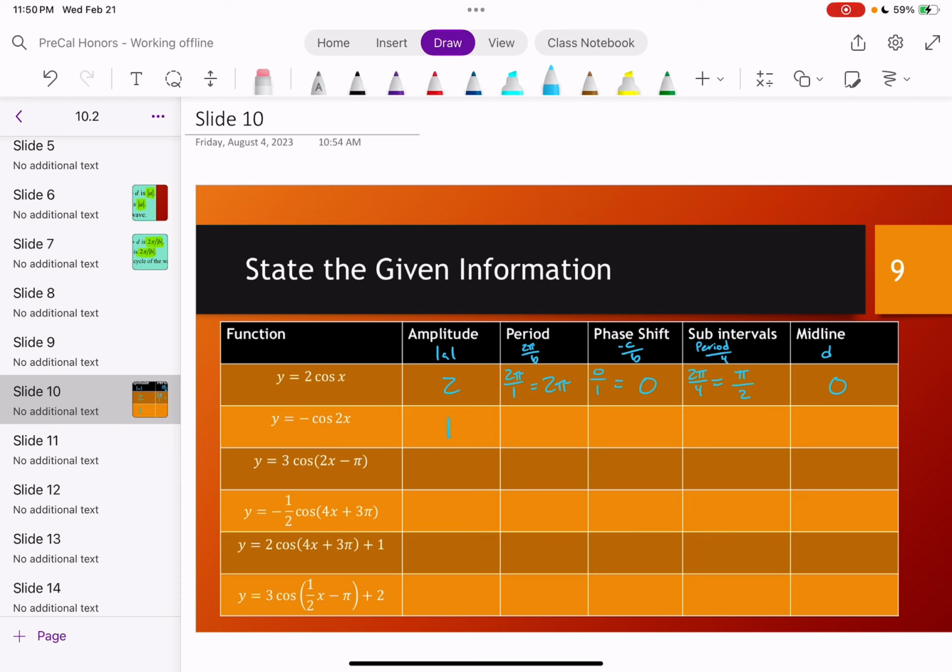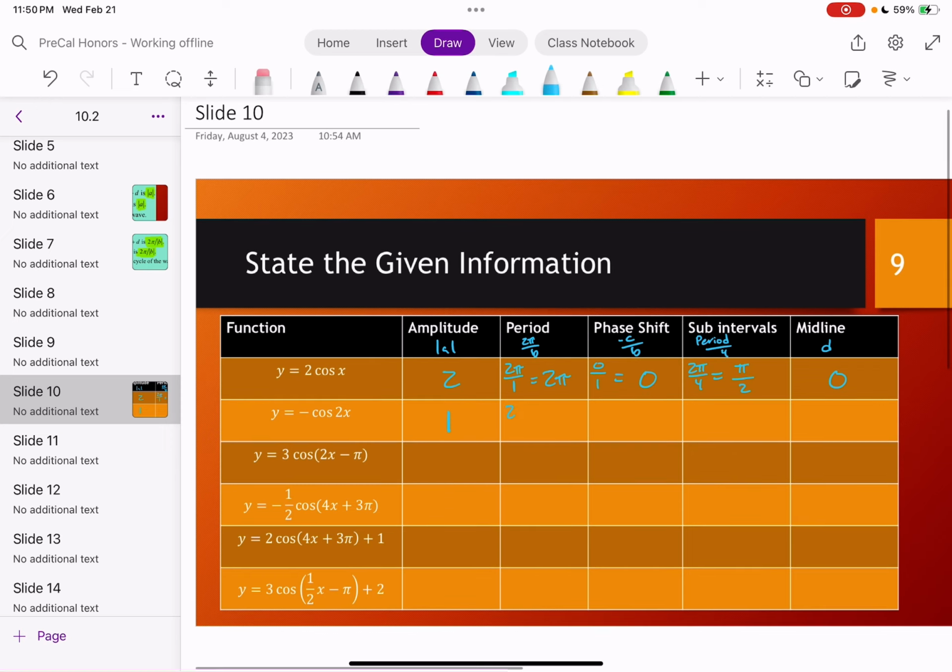Remember, this is the absolute value of A. We're going to grab 2 pi and divide it by b, which is 2, which will simplify to pi. We take care of our subinterval: pi divided by 4 would simplify 2 pi divided by 4.